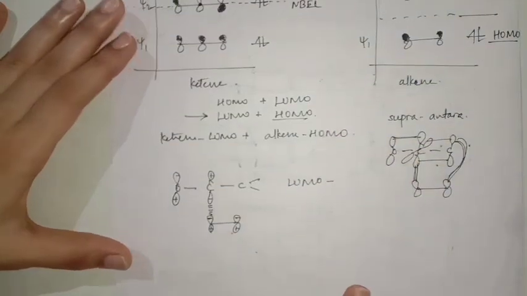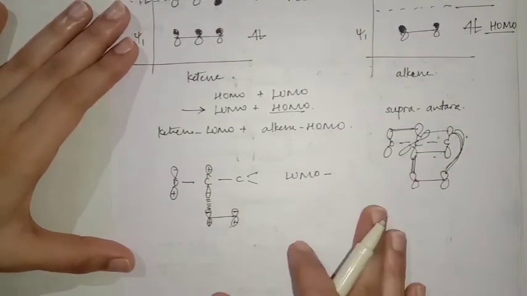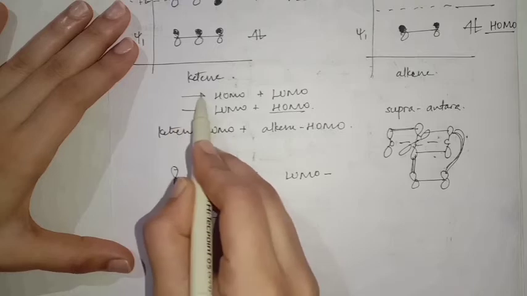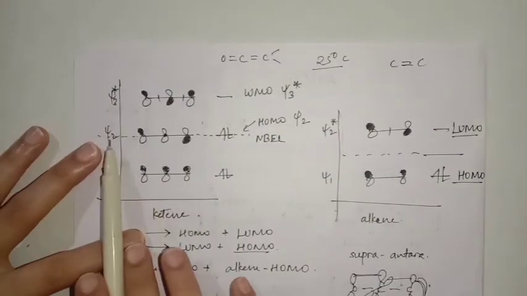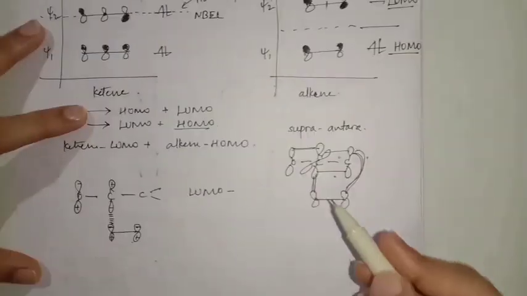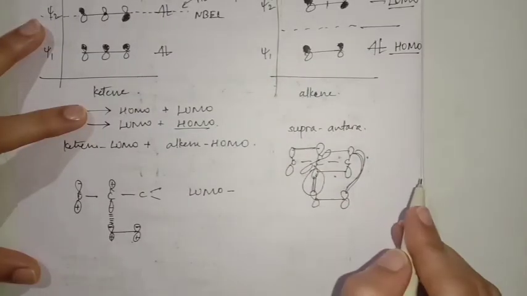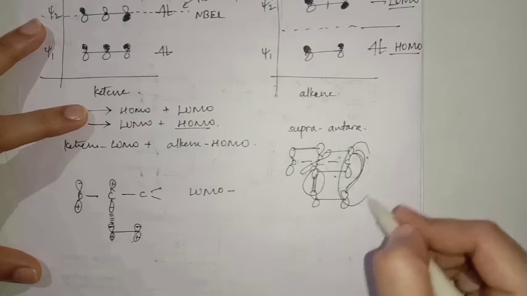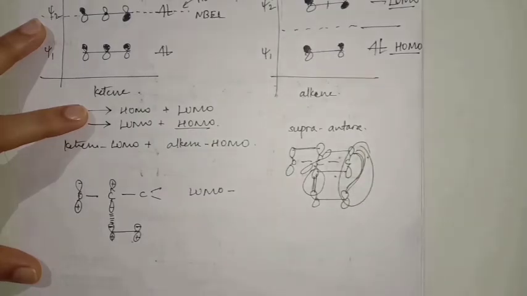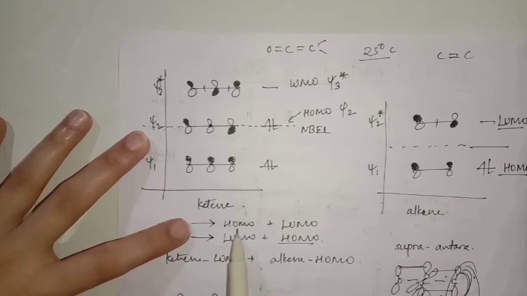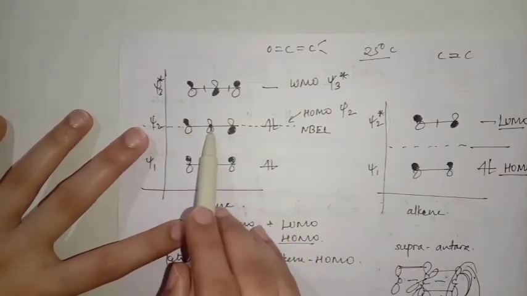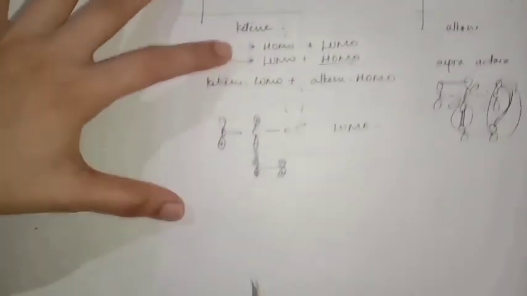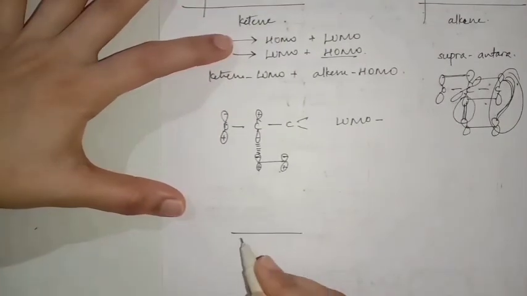Now the second bond is formed by the second interaction. The second interaction is the HOMO of ketene. Take the HOMO of ketene now. Psi2 is the HOMO of ketene. We have already done the formation of one bond. Now we have to do the formation of the second bond, which involves another lobe. The HOMO of the ketene molecule is psi2, that is, there is one node in it. So I am writing here the HOMO of the ketene molecule.